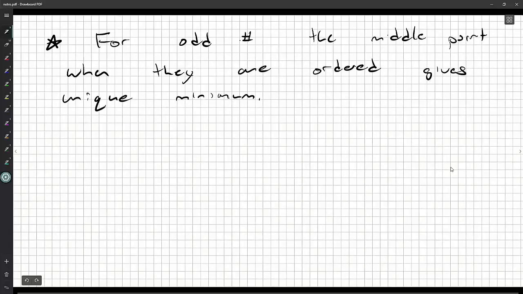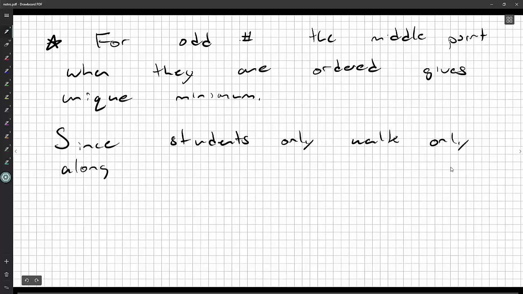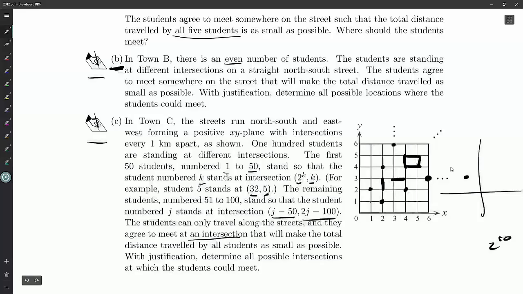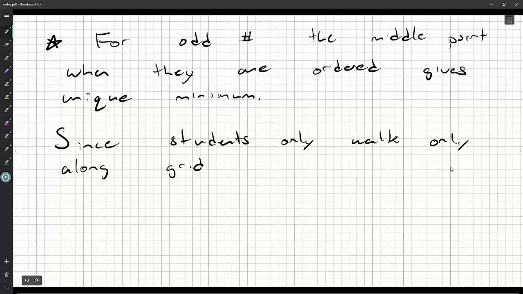Okay. So first thing I would say is since students only walk along the grid, they did say that, right? Only travel on the street, on the grid, whatever.